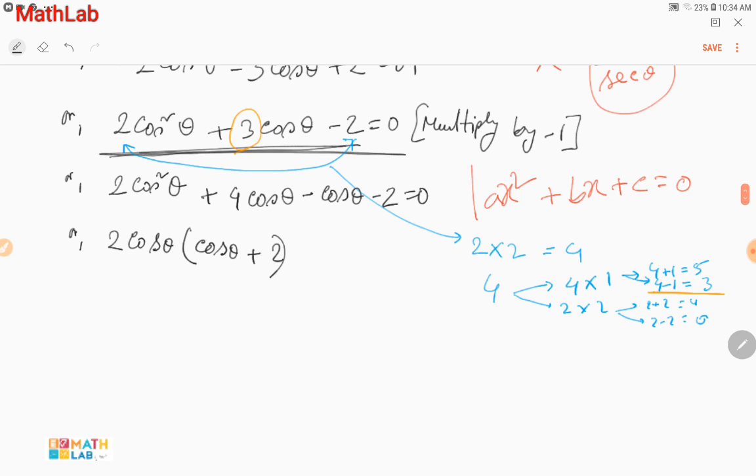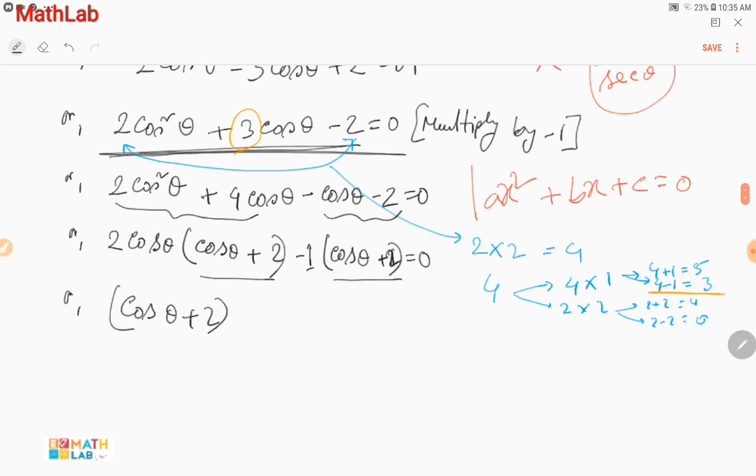For the third and fourth terms, there is no common term, so we have to take common minus 1. Then that will be cos theta plus 2 equal 0. Then take common cos theta plus 2, and the remaining part is 2 cos theta minus 1 equal 0.